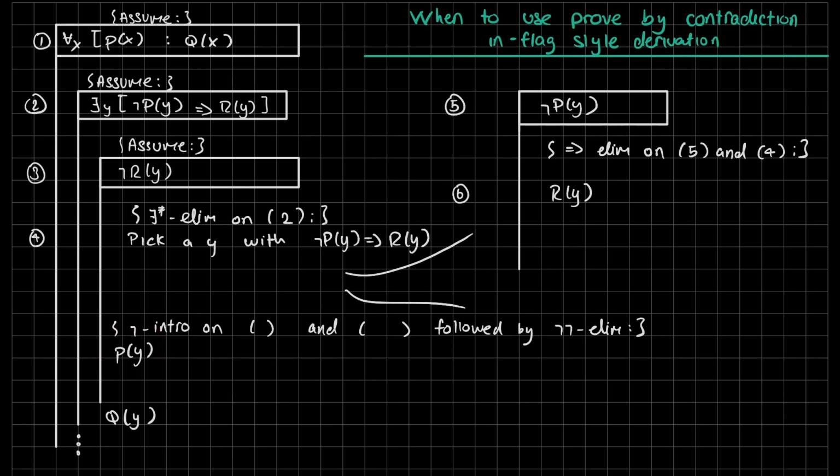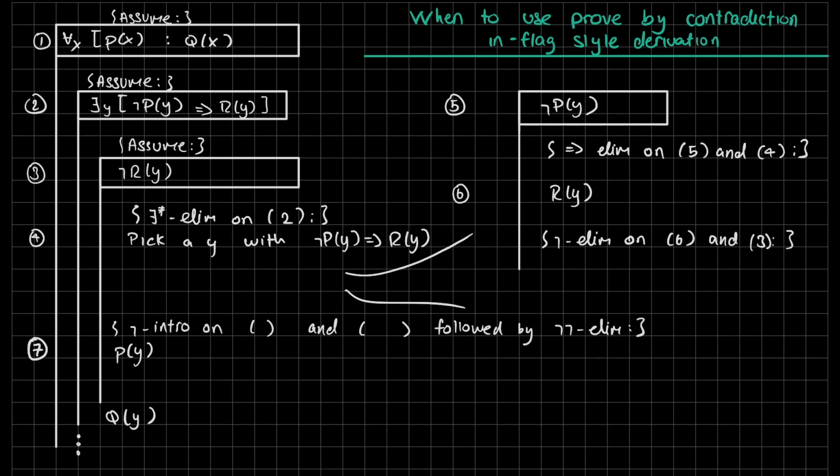So let's just write our hint. So what we're going to do is not elim on 6 and 3. And that actually gives us line 7, which is right here, p of y.